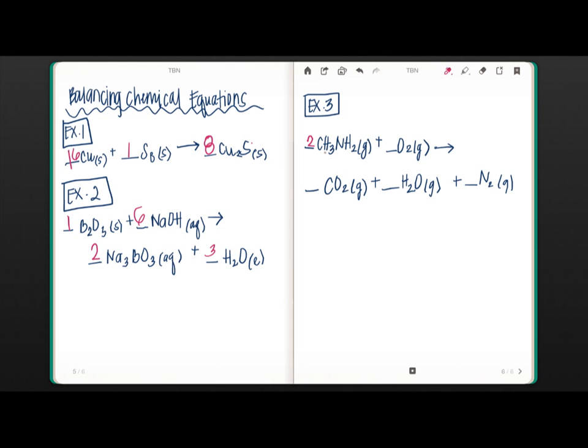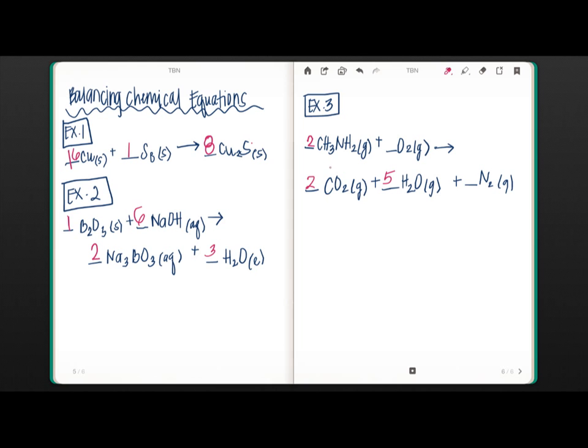But then, for hydrogen, you have 3 plus 2, that's 5. 5 times 2 is 10. So what you can do to balance it out is put a 5 in front of this H. So once you do that, your hydrogens are balanced, your nitrogen is balanced. And then you have 2 carbon, so you can put the 2 in front of here and see if that balances out.